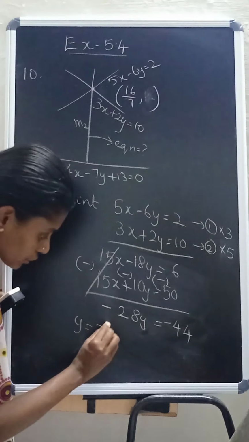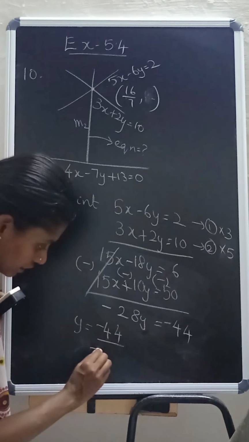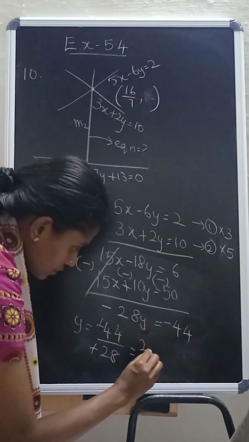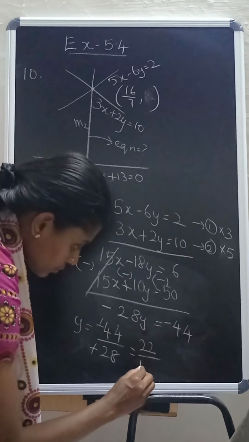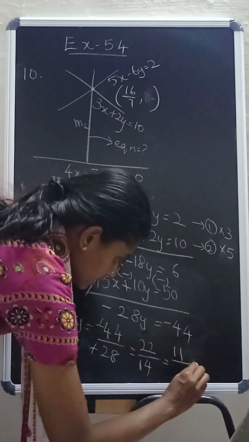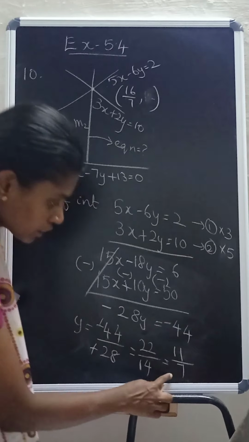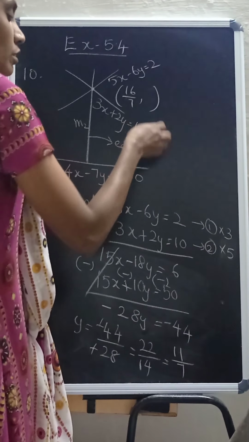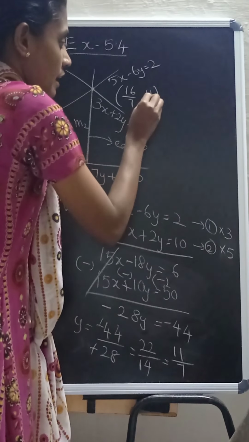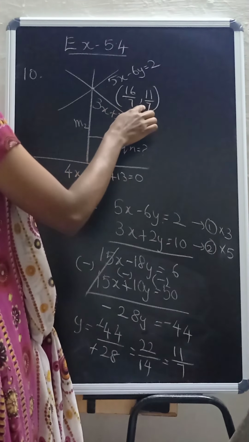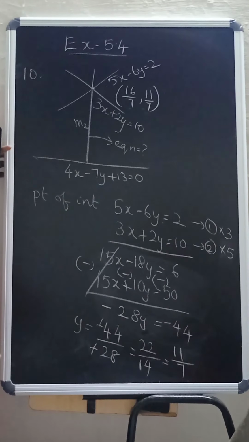So y is equal to minus 44 divided by minus 28. 2 11s are 22, 2 7s are 14. So the value of y is 11 by 7. It's not 2, it is 11 by 7. So you have got the point of intersection (16 by 7, 11 by 7).